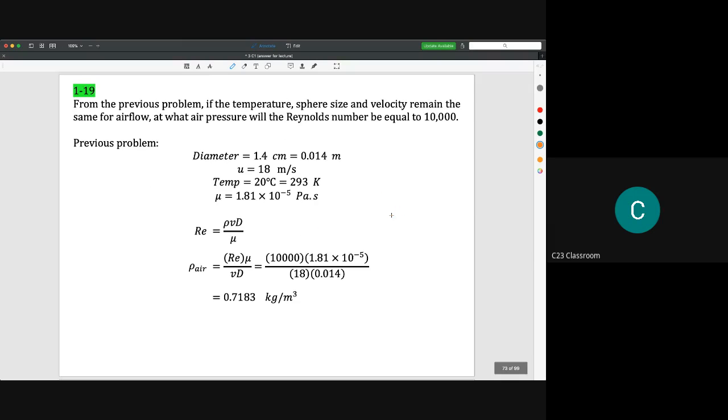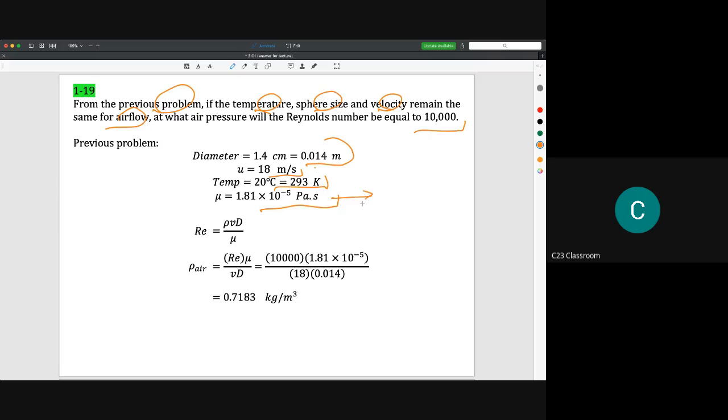For example, from the previous problem, if the temperature, sphere size and velocity remain the same for a flow, what air pressure will give a Reynolds number equal to 10,000? Let's say the diameter of the sphere is 1.4 centimeter, 0.01 meters, the velocity is 18 meter per second, the temperature is 20 degrees Celsius, and mu is 1.81.